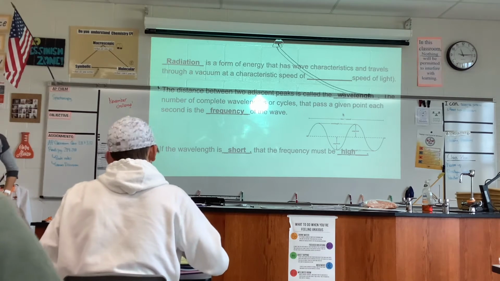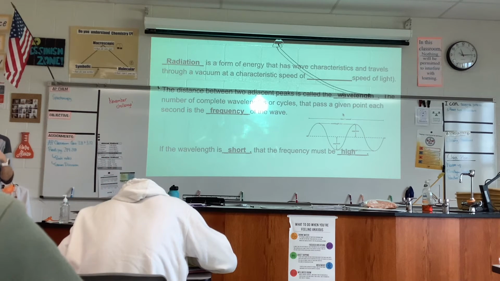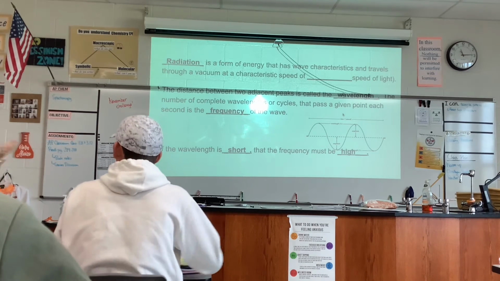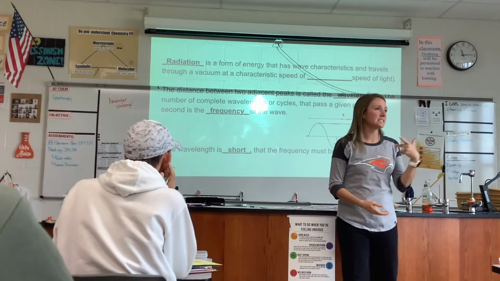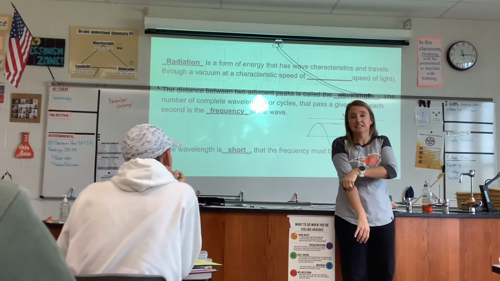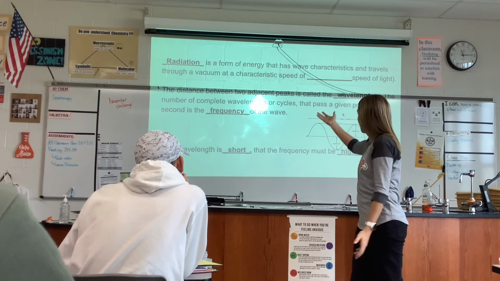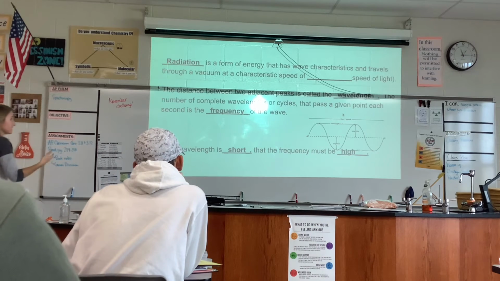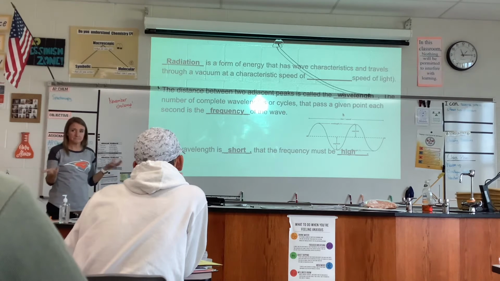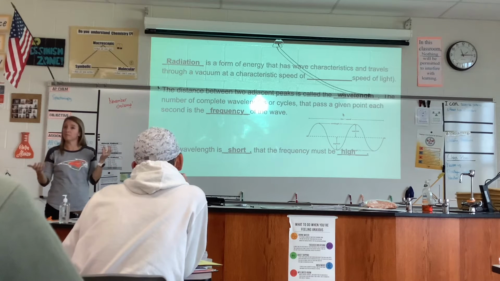Often radiation has a very negative connotation, right? On shows, radiation, we gotta get out of here. Which it can be, but radiation scientifically is just a form of energy that has wave-like characteristics and travels at the speed of light. So any type of light is a type of radiation.